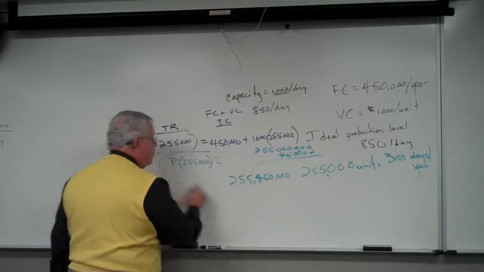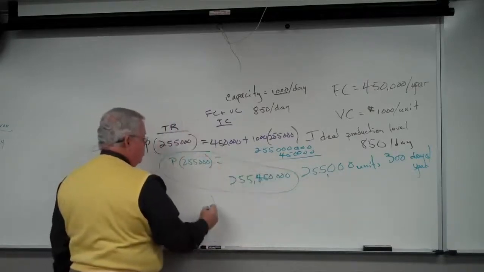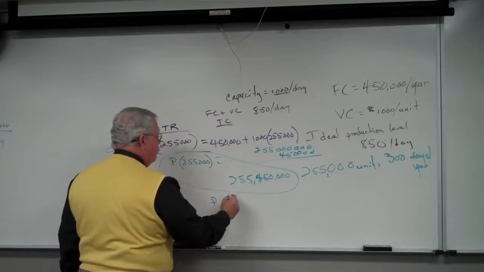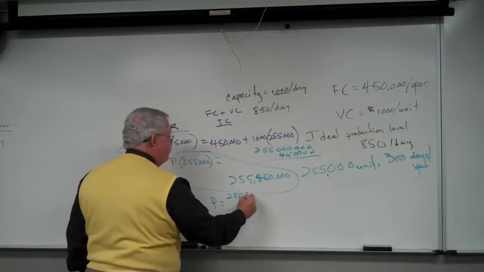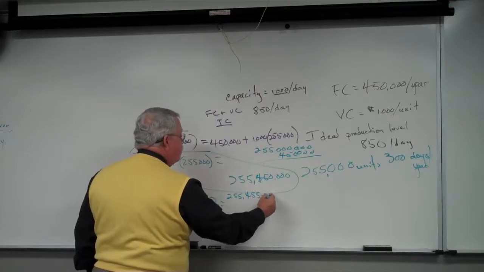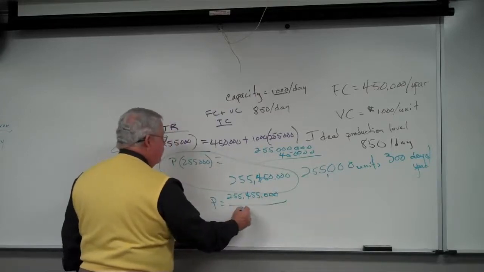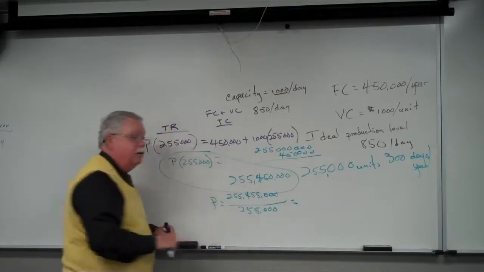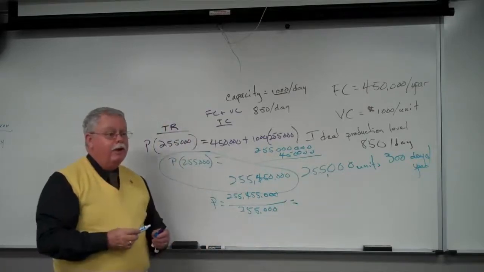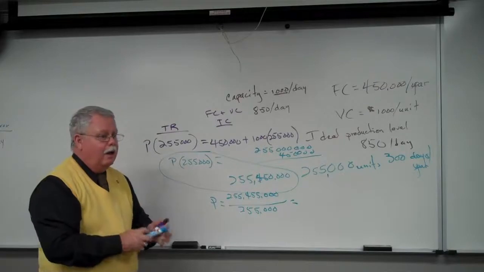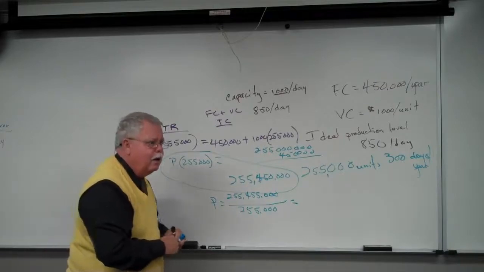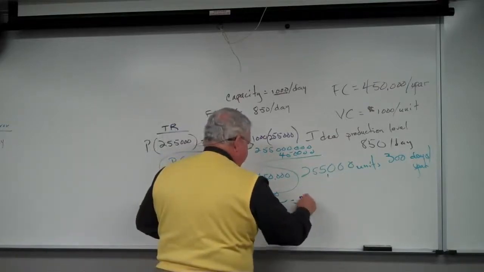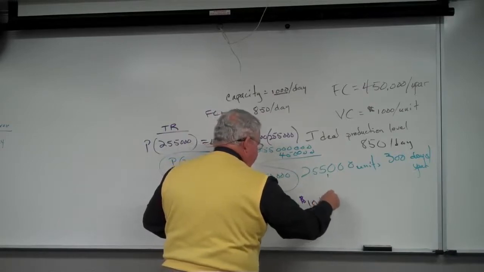Okay? So P is that total divided by 255,000. Did I get a price? $1,001.76. Cool.